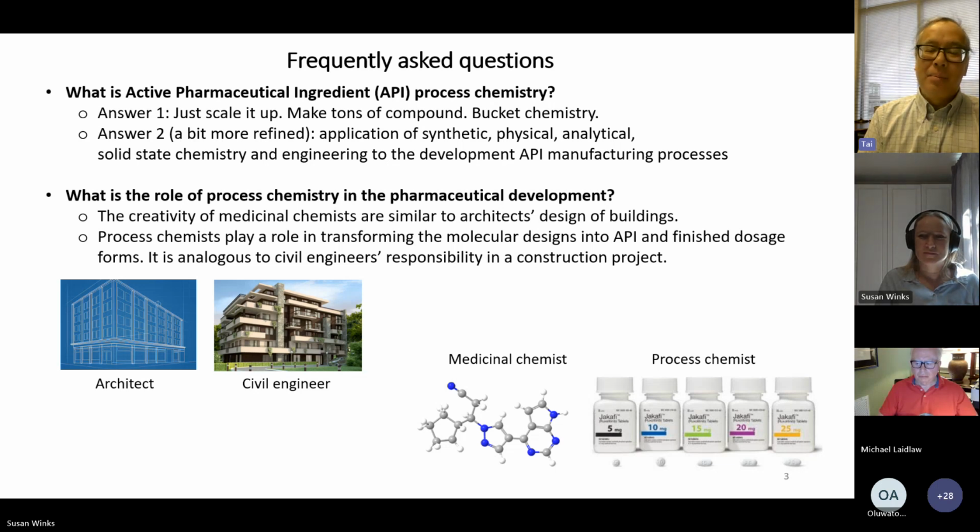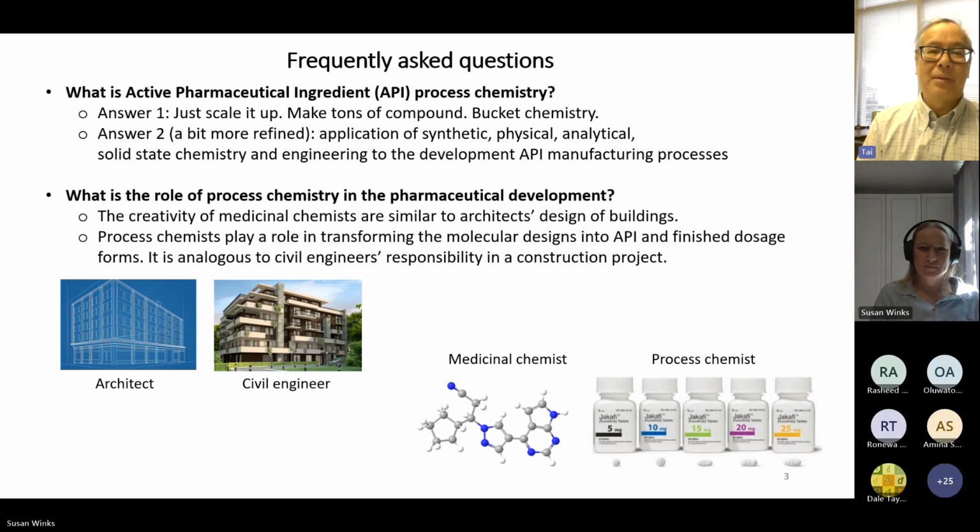After many years in this business and discipline, I have a slightly more refined and nuanced answer now, which is the application of synthetic, physical and analytical solid-state chemistry and engineering knowledge into the development of API manufacturing process. I think that's probably a good summary of what process chemistry is.